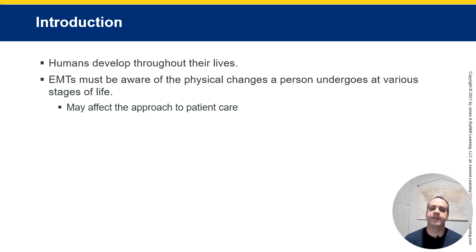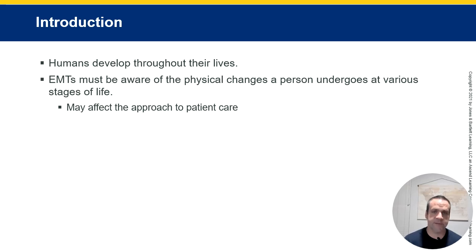For example, an infant's respiratory rate of 60 breaths per minute is completely normal, but that same rate in a 40-year-old would be a medical emergency. So we really have to calibrate our expectations and our care. And this is all based on age-specific norms. So this chapter really lays the foundation for doing just that.